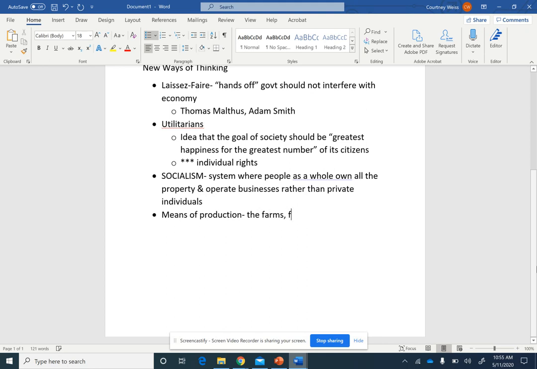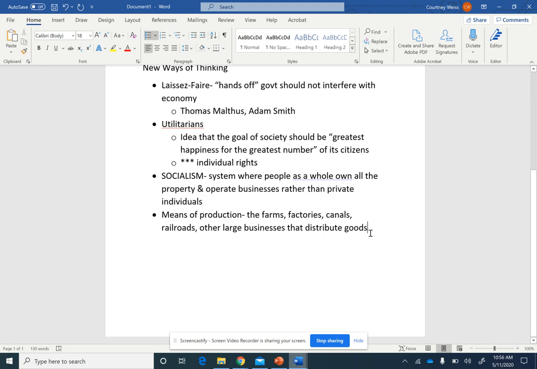This is factories, canals, railroads, anything you could think of that contributes to how goods are distributed. Okay. So in socialism, the people as a whole will control the means of production instead of individuals.